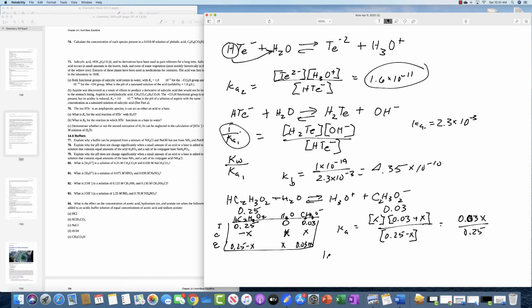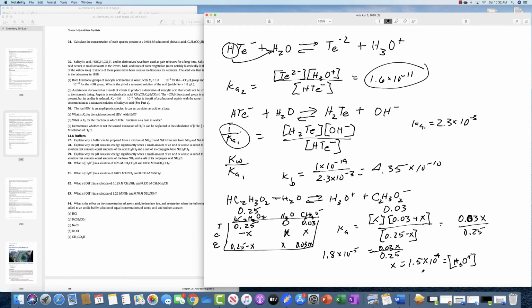And the Ka is 1.8 times 10 to the minus 5, equal to 0.03X over 0.25. If you do the math to find X, it is 1.5 times 10 to the minus 4, which is the hydrogen ion concentration.